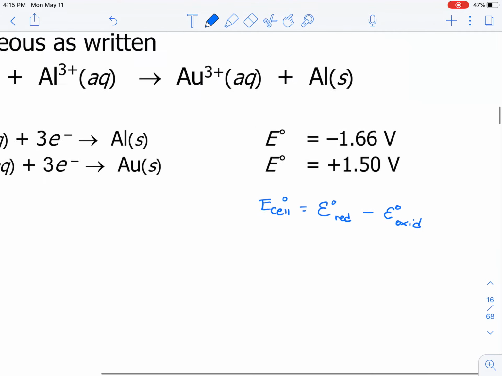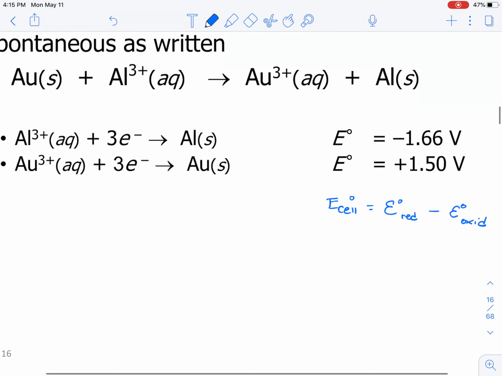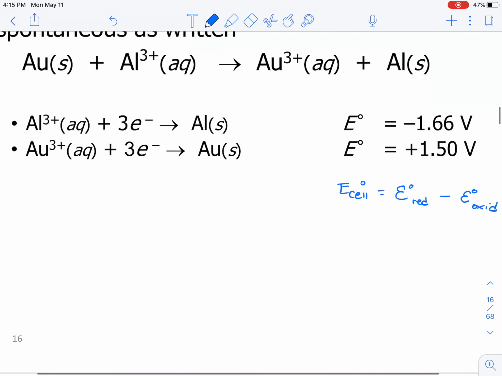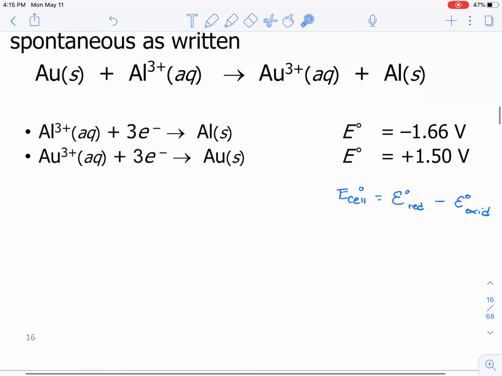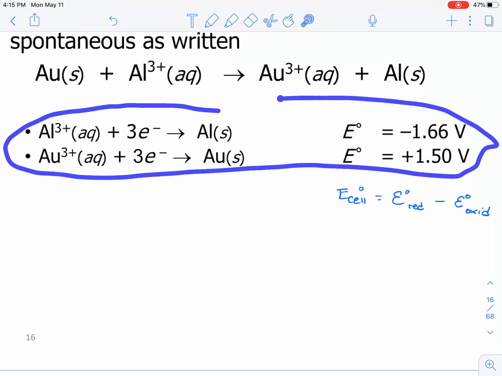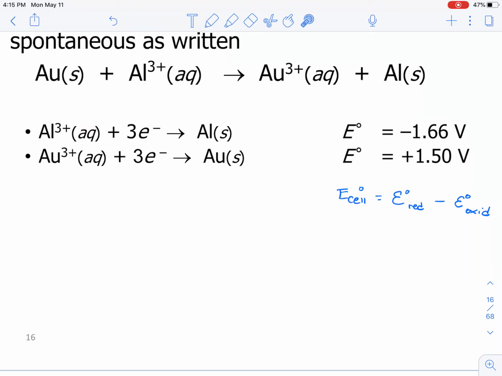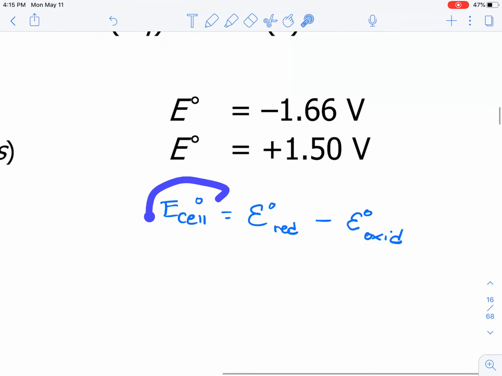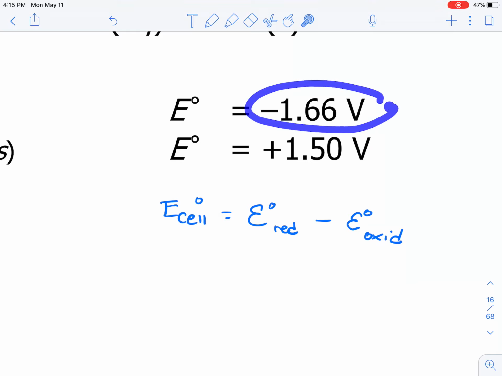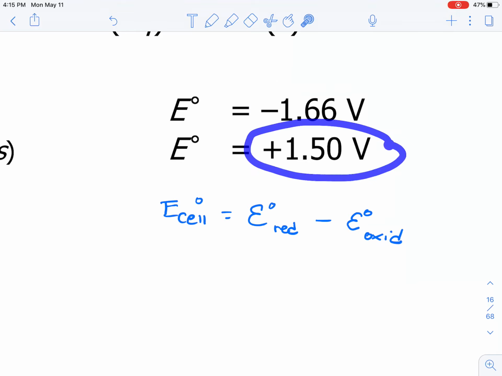Instead of having us look through the reference sheet of the standard reduction potentials, I went ahead and copied and pasted the values that are necessary for this problem. We only have two numbers to work with to figure out the standard cell potential: negative 1.66 volts and positive 1.5 volts.